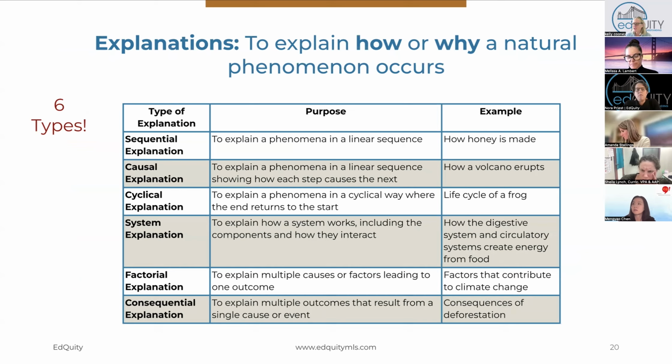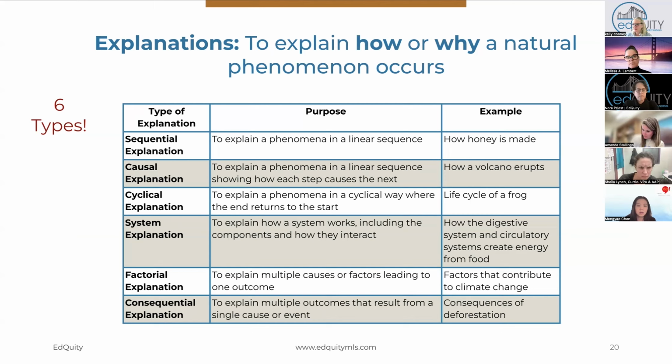And each explanation comes with its own kind of cool language. So there are sequential explanations that explain a phenomenon in a linear sequence, causal explanations, where each step causes the next one, kind of like dominoes. Cyclical explanations, beautiful language, all of their own, right? So in cyclical explanations, the verbs change and the nouns themselves change, right?